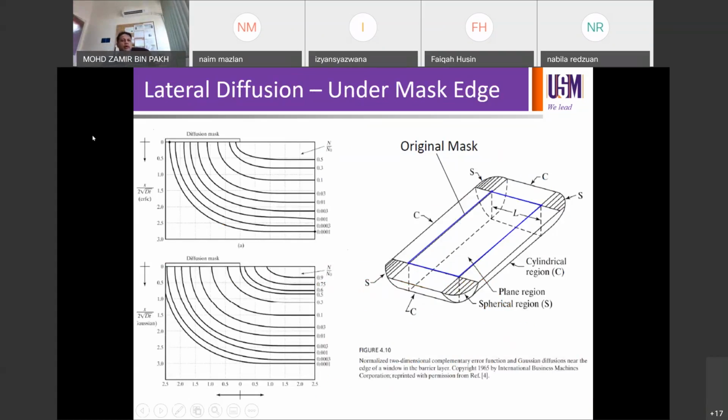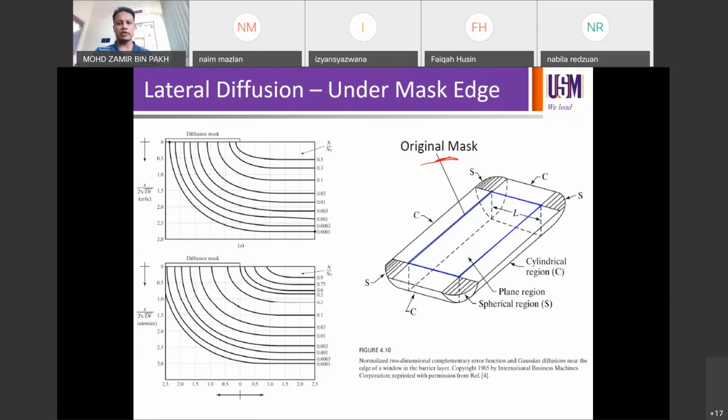When comparing the diffusion process against ion implantation in our last lecture, we have seen that the diffusion profile has a vertical component, some diagonal component, and also a lateral or horizontal component. You can look at the sketch on the right. You have a mask on the wafer, so you want to diffuse certain areas and block other areas.